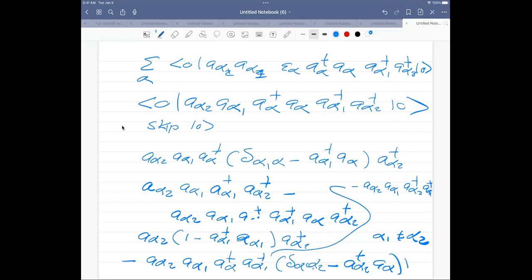And then the other term which we need to take care of is this term, which you also see here, where we have an A alpha 2 and A alpha 1 here, and we have alpha 1 and alpha 1 here. So that term was something which I think I wrote wrongly here.